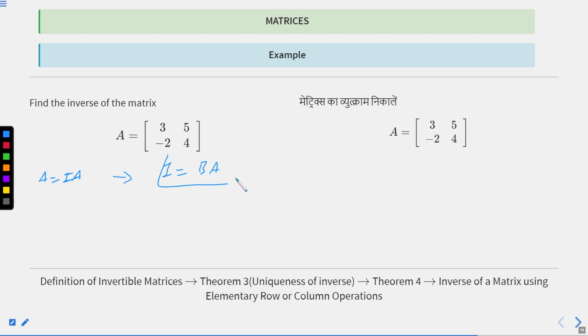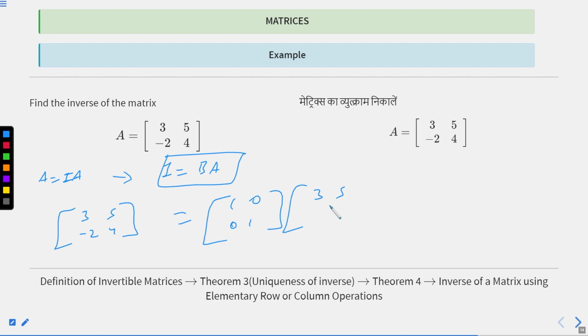So A can be rewritten like this: I is [1 0; 0 1], times [3 5; -2 4]. Now we have to change this matrix into the identity matrix.